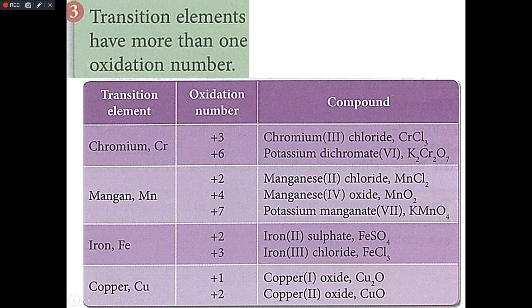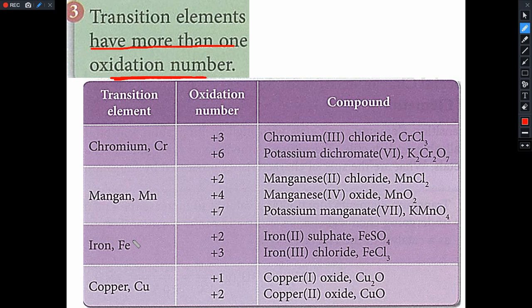This slide shows the third special characteristic of transition elements, where transition elements have more than one oxidation number. What is oxidation number? The value of oxidation number depends on the charge of the ion. For example, we look at iron.